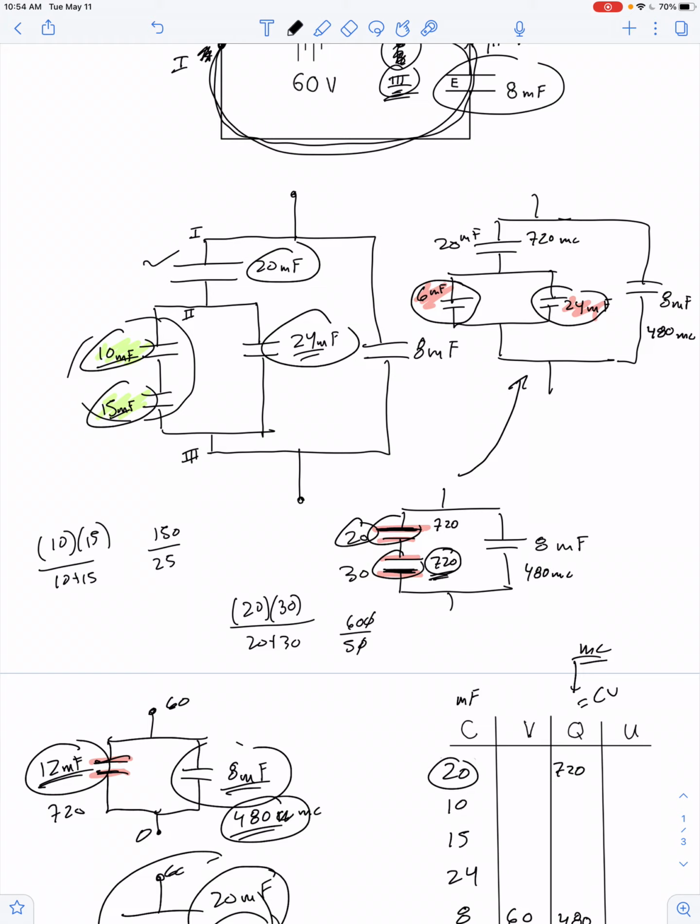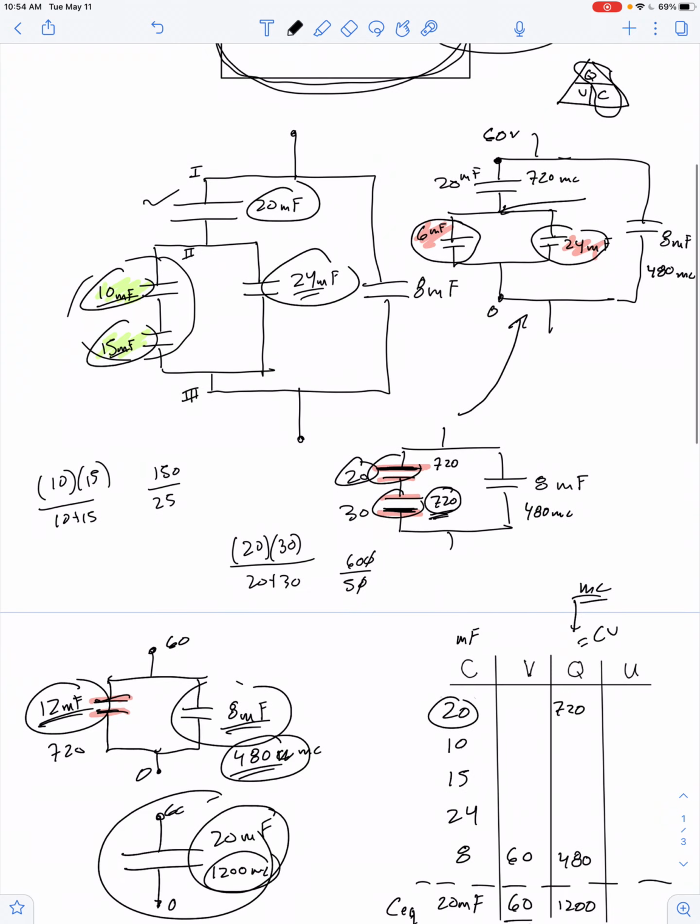Now, we already know we're calling the electric potential here 60 volts, and down here 0. So I guess we can find what's the electric potential at this point. Okay, so if we're trying to find voltage, we divide charge by capacitance.